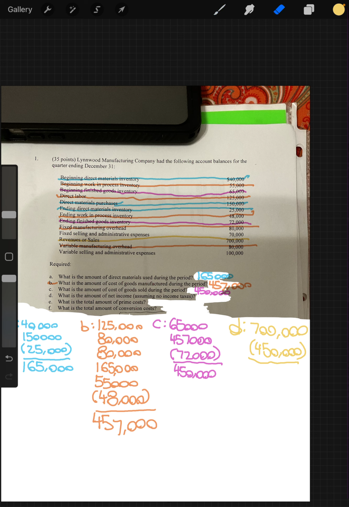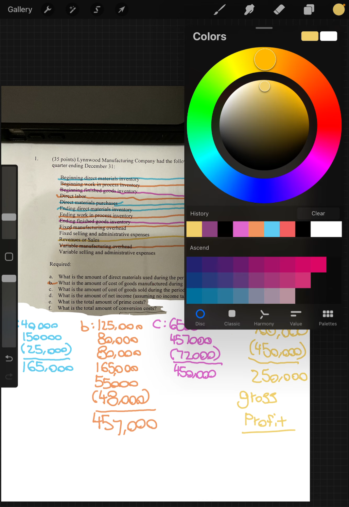Hold on, let me erase this. This is not really part of D, but yeah, we need to know it to solve D. So 250,000. Okay, that is a gross. That's your gross profit. All right.